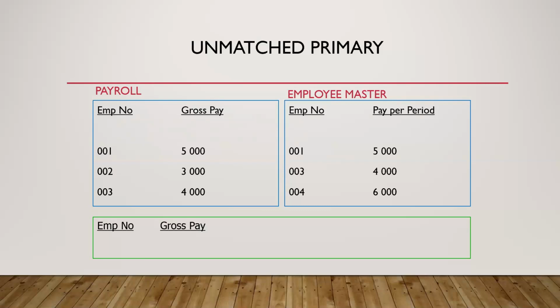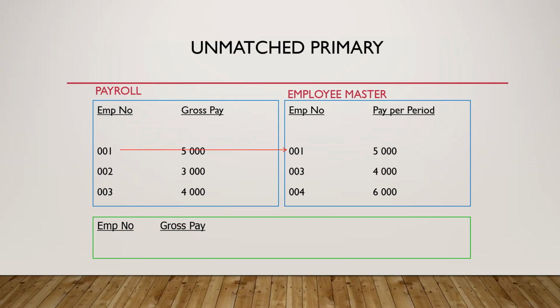So what ACL would do is go to the primary table, which I've decided to make payroll, and check the first record in payroll to see, based on the key, if it can find that key in the corresponding table. The key field here, the unique identifier for an employee, would be employee number. So ACL would say, okay, here's employee number one in the payroll table. Can I find it in the employee master table?